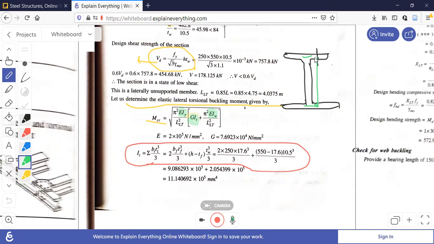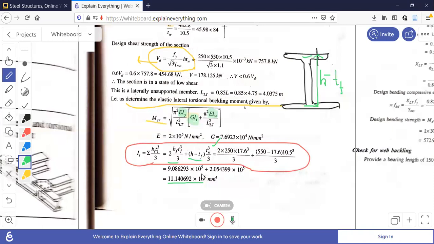They have not removed it 2 times. See this, if you look at the formula here. This is how much? H minus TF. I think you can follow it now. H minus TF is here. Then thickness of web raised to 3 by 3. This is all. So you calculate this number, you'll get this as the final value.